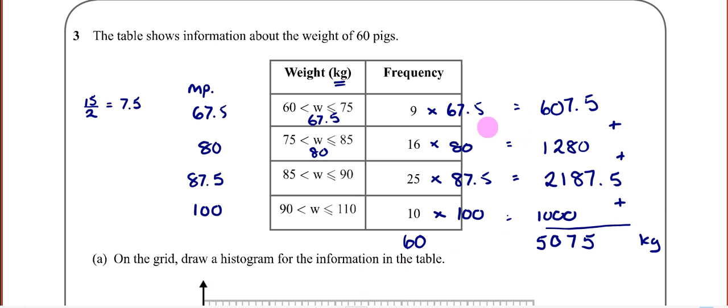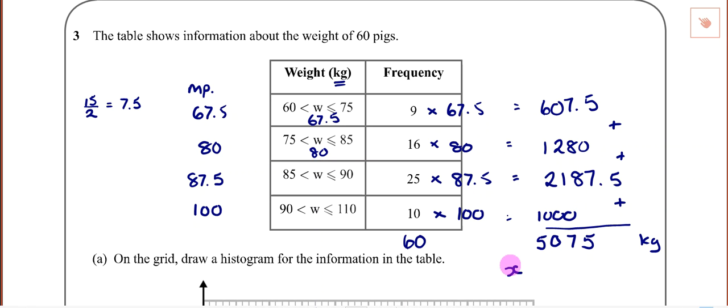Okay, so we've multiplied, so we can add up those 9 pigs at that weight, 80 and so on, and then we add them up, get the total of all the pigs together, 5,075 kilograms. So imagine all the pigs have been put in one big pot, and then the weight is all spread out back to the pigs, so we then have a mean pig.